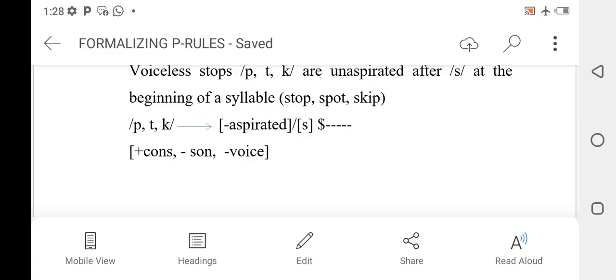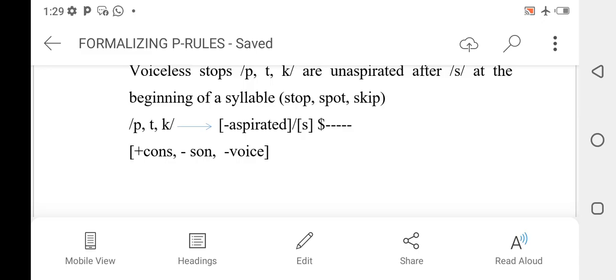Minus voice means that it is a voiceless sound. So we're only looking at this minus sound. We look at what it is when we are discussing distinctive features. Sonorants are those sounds or phonemes that don't have any obstruction.